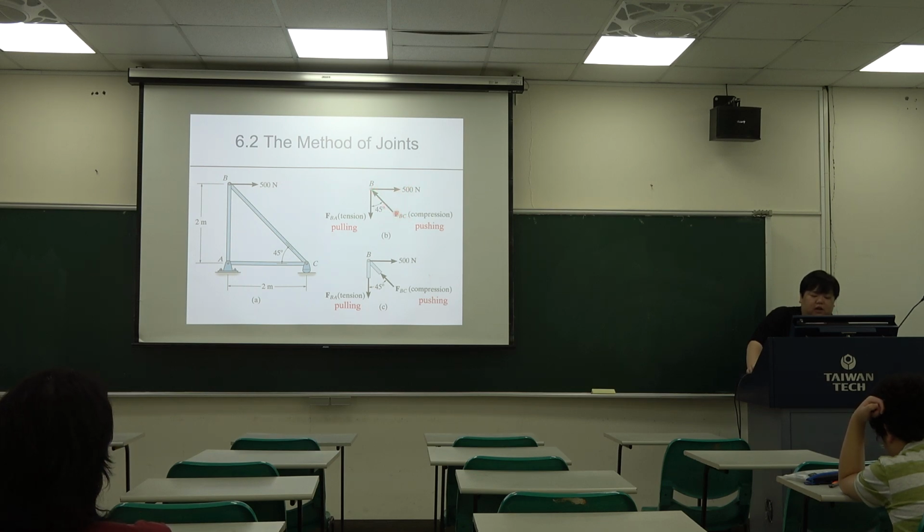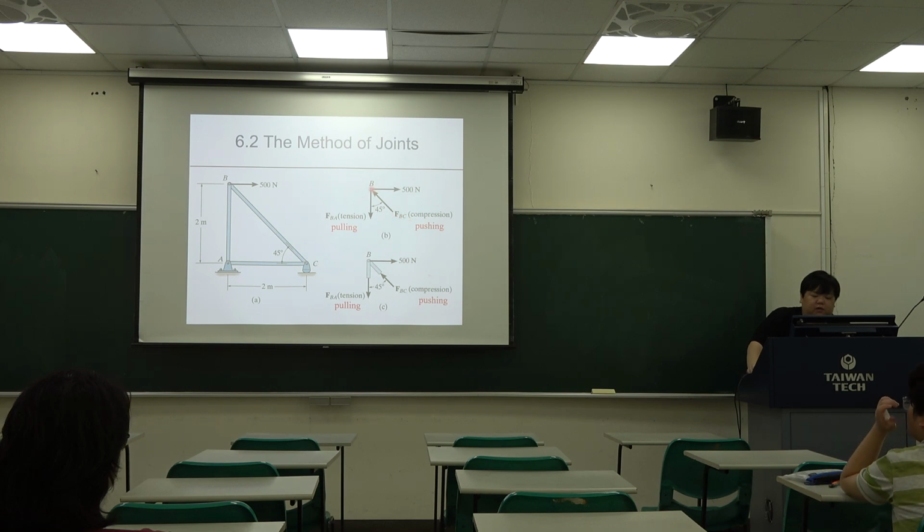I think the direction is from this to this, because summation Fx equals 0. And for the reaction FBA, because we have this force, we have the force from bottom to top, so FBA is directed like this. This is the free body diagram at point B, where the truss gives this reaction.